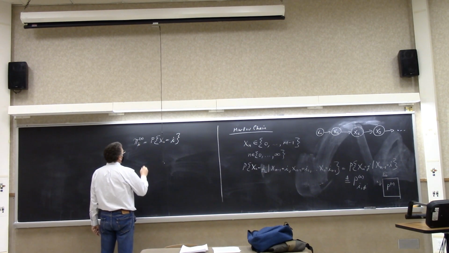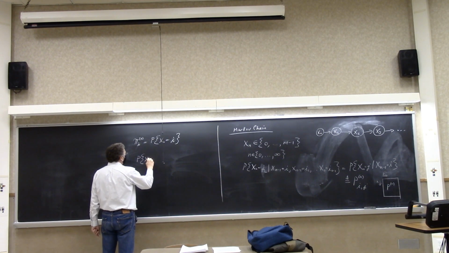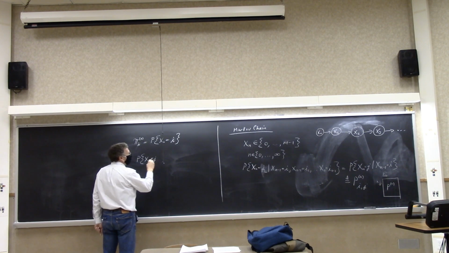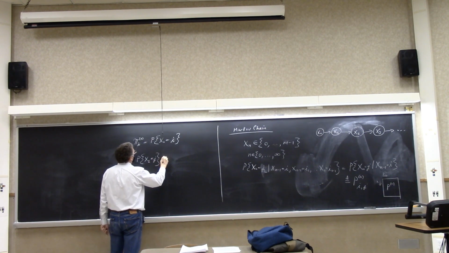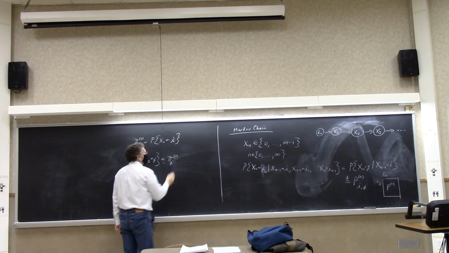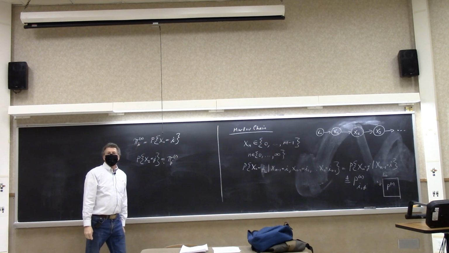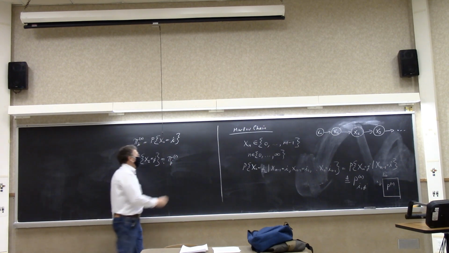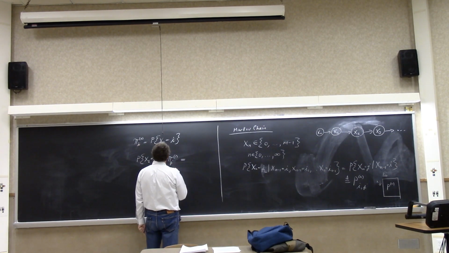So then, if you want the probability that x1 is equal to j, we would write that with the notation pi 1 of j. This is just how I'm defining the notation. And then we'd say that's equal to this.